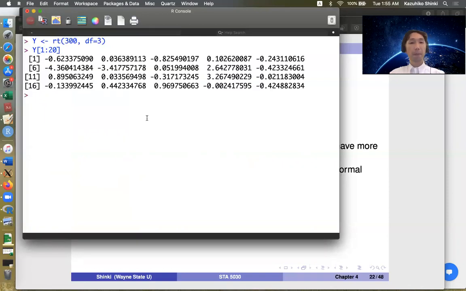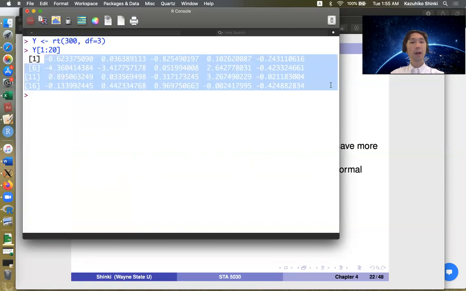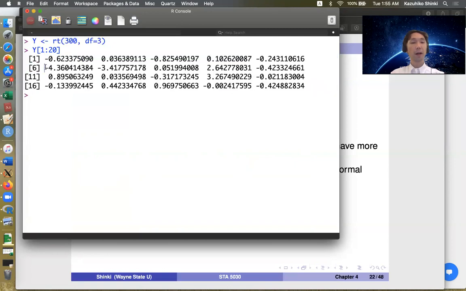Most observations are around 0, but you can see more extreme values compared to the standard normal distribution, negative 4.3 or positive 3.26. These are rarely observed from a normal distribution, but most observations are around 0, like 0.02, 0.42. So except for the tail part, it's pretty similar.